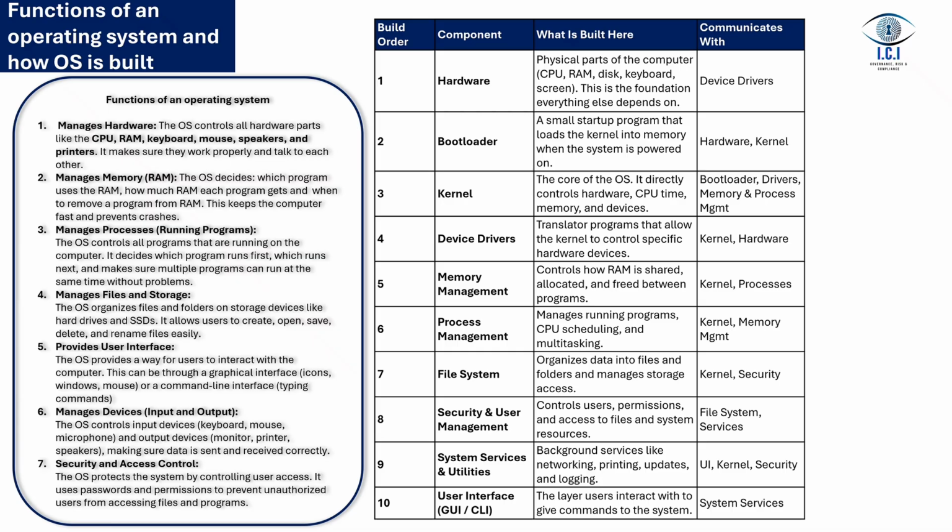It's a translator of programs, and it allows the kernel to control specific hardware devices. Without your device drivers, your kernel cannot directly control those hardware devices. So you need a device driver to allow your kernel, which is a core part of your OS, to control your hard drive, or your hardware per se.